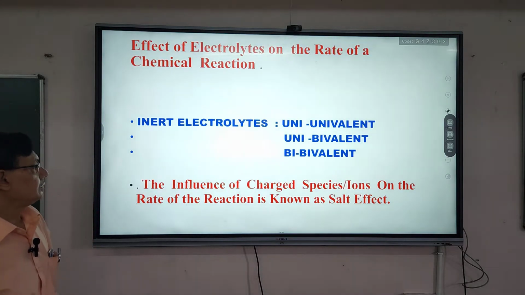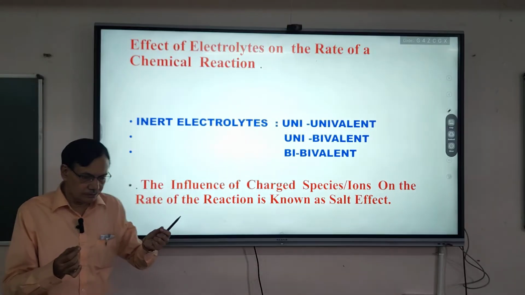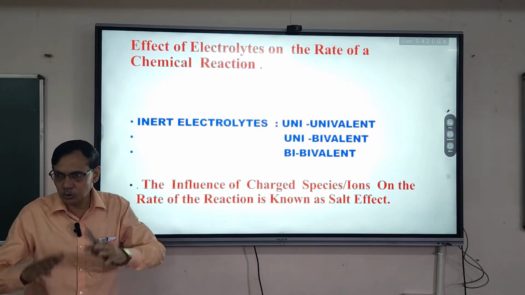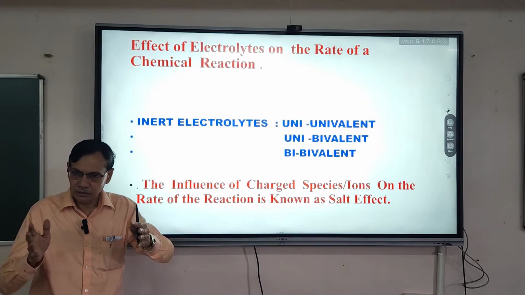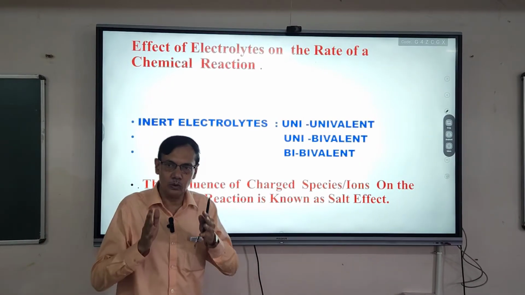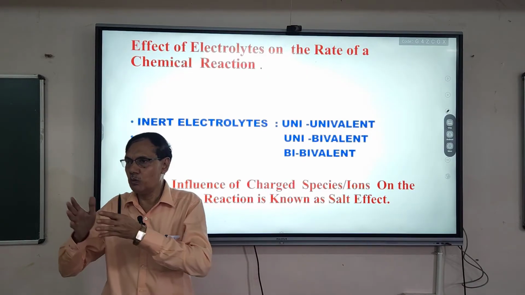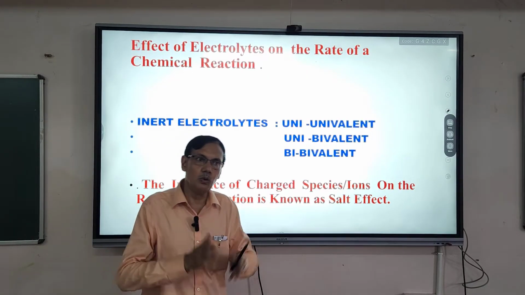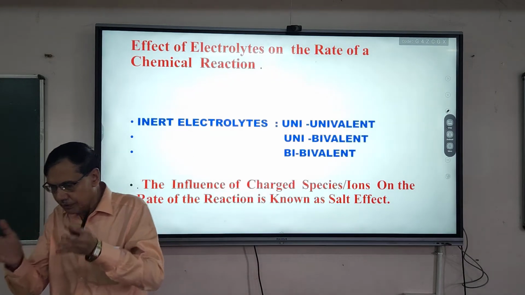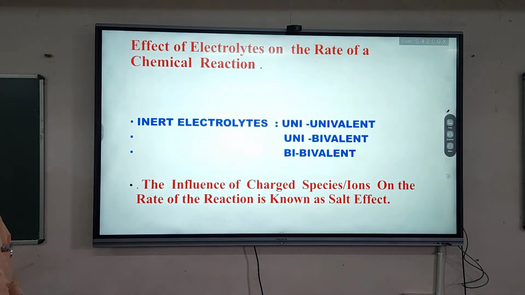Now, when you are using any electrolyte, it will dissociate and form different ions, and the concentration of your electrolyte may be different. It may be 1 molar, it may be 2 molar, it may be 0.05 molar, but it will dissociate into different ions.